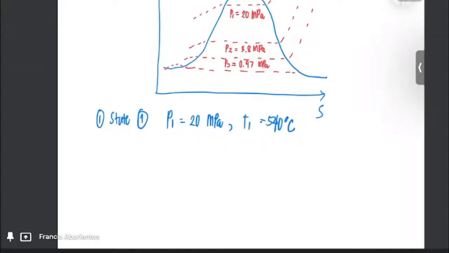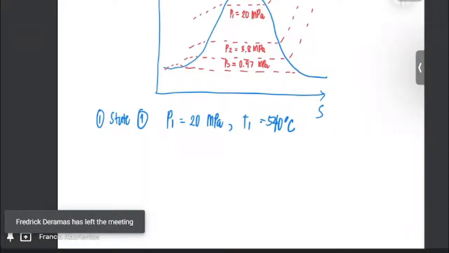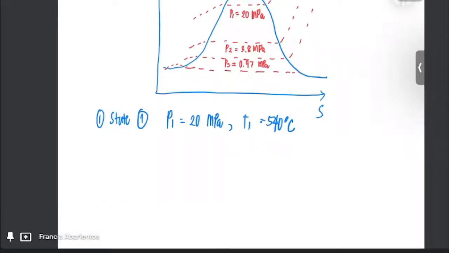At point 1, table 3, direkta na tayo kasi it really falls under the superheated vapor. Ano nga ang page to? 20 MPa, page 88. So, ano yung properties natin na kailangan?